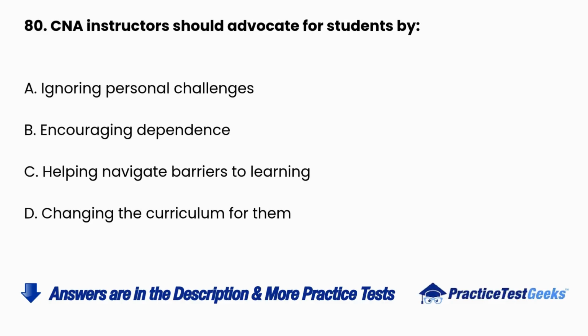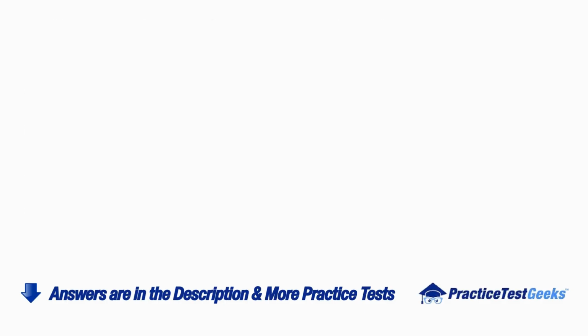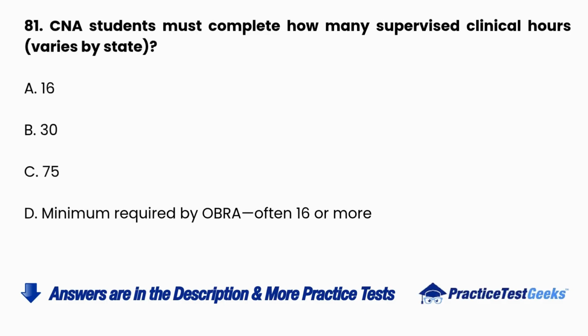80. CNA instructors should advocate for students by A. Ignoring personal challenges. B. Encouraging dependence. C. Helping navigate barriers to learning. D. Changing the curriculum for them. 81. How many supervised clinical hours CNA students must complete varies by state. A. 16.